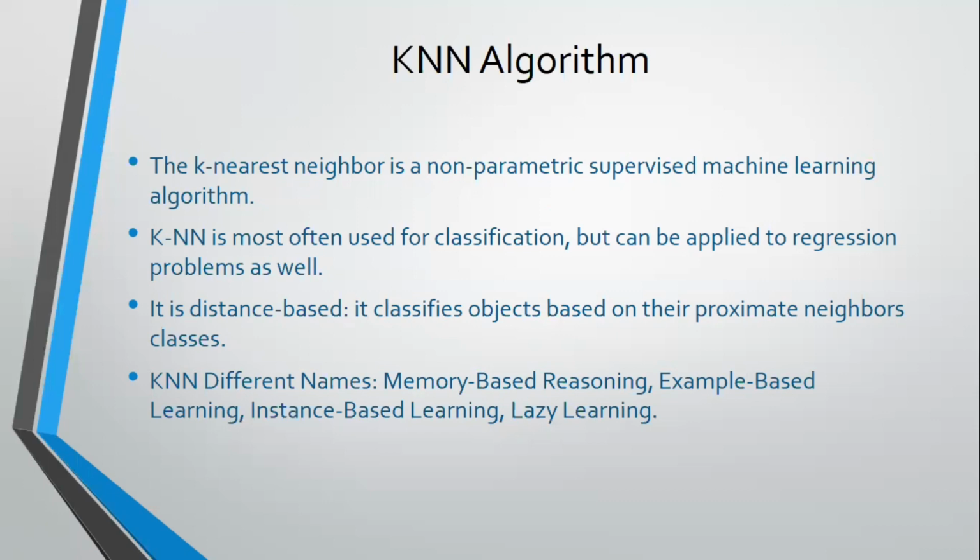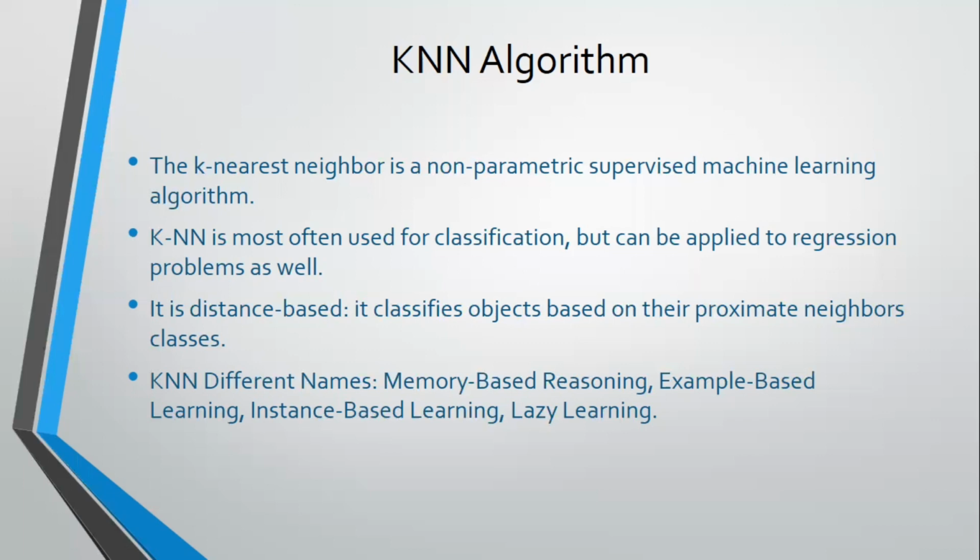The main concept used in the KNN algorithm is distance-based classification. Here we have to find the distance between different data points in the data set. That is nothing but nearest neighbors. Based on the distance, we find the nearest points, and using those nearest points, we take a decision for classification or regression.